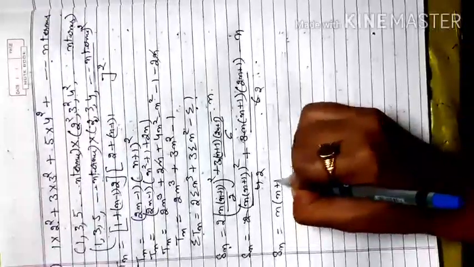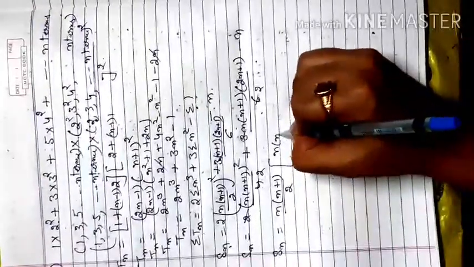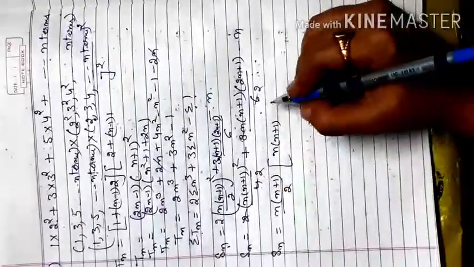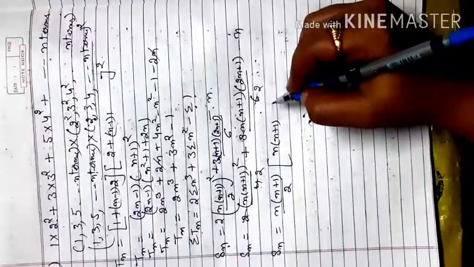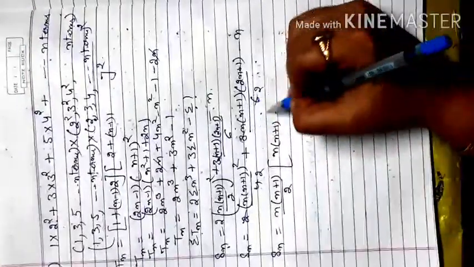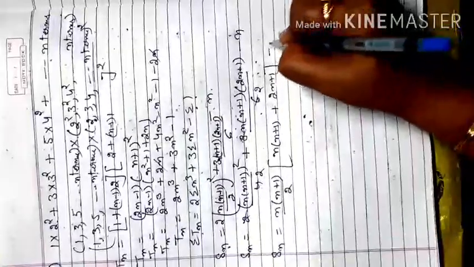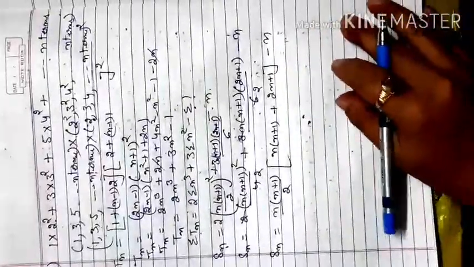So n into (n plus 1) by 2, I will take it common. Only n into (n plus 1) is left because the whole square was there. So one n into (n plus 1) will be taken outside, and this will be common outside. Only (2n plus 1) is left here, and minus n was on the side.